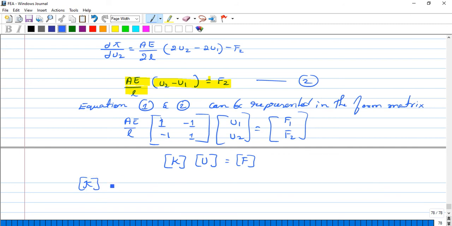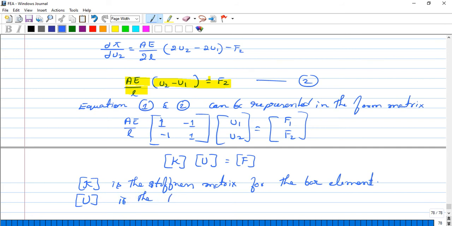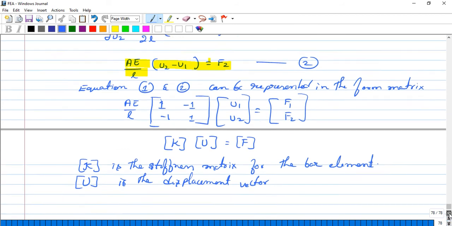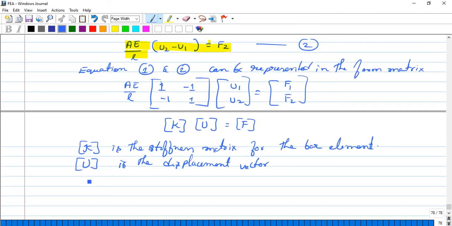K is the stiffness matrix for the bar element, U is the displacement vector, and F is the load vector.